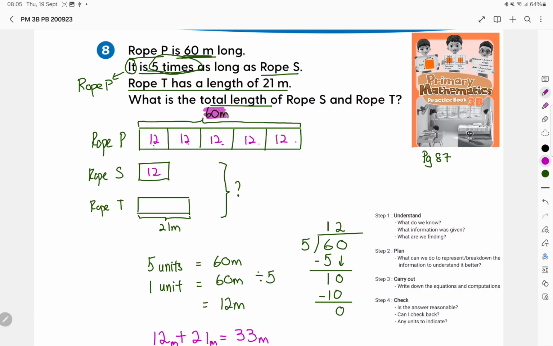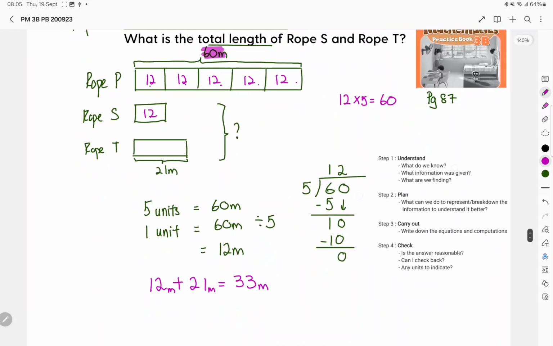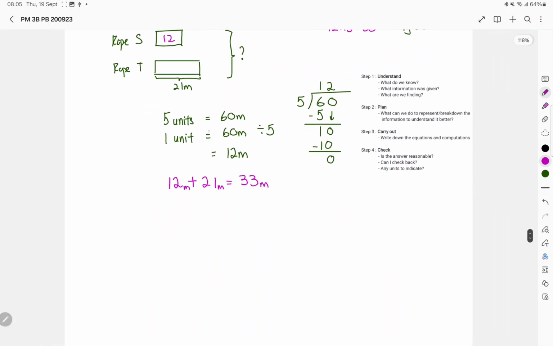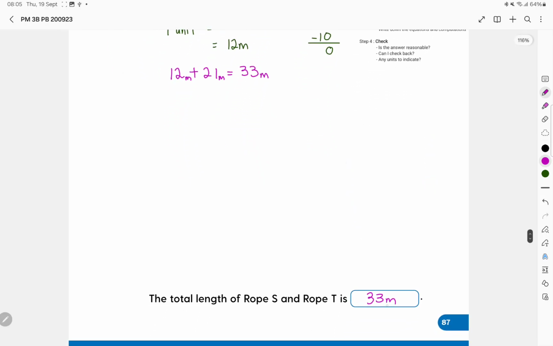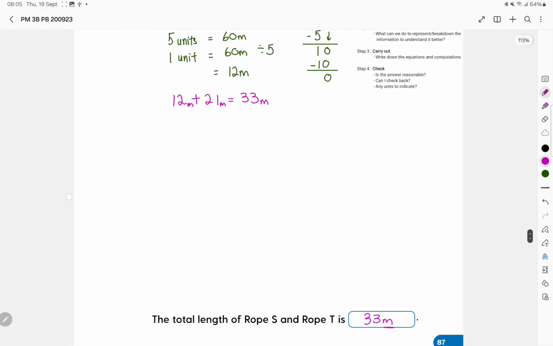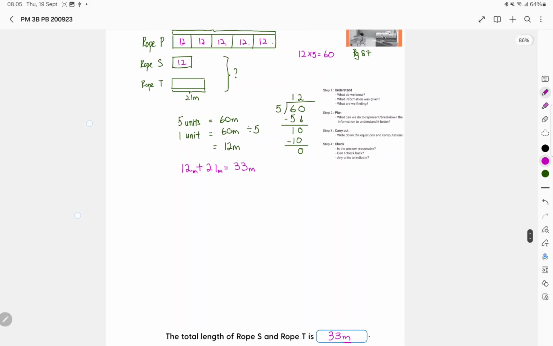So all you need to do is to check with that 12. If 1 unit is 12, then if we multiply by 5, we'll be getting back our 60. Am I right? So we know that we are correct here because we managed to check back and we get back a value from the question. Is there a unit? Yes, I've been writing my units all along, including the answer space. So that's the end of the question.